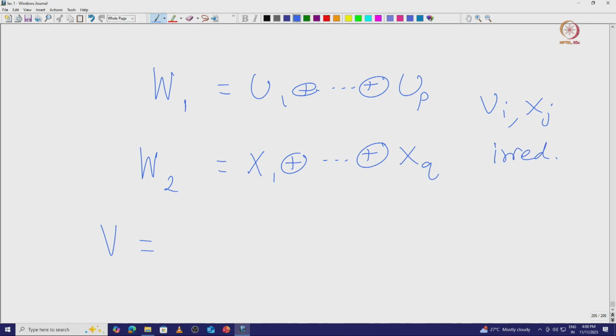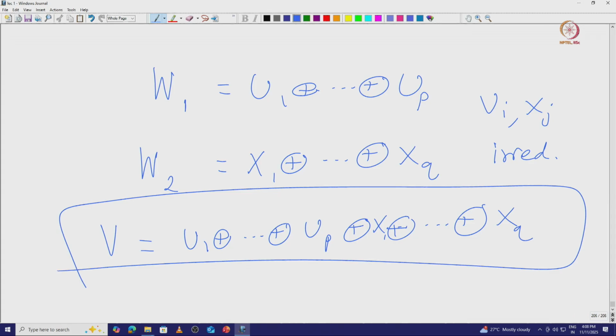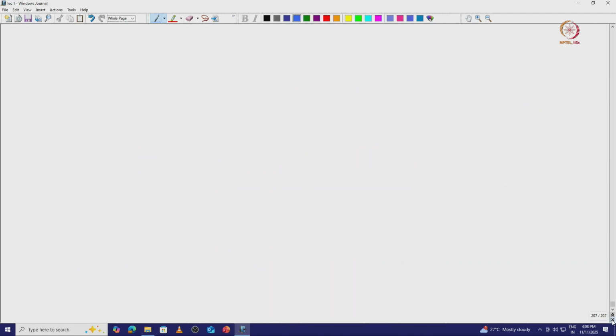Then V becomes exactly U1 direct sum etc., direct sum UP, direct sum X1 direct sum etc., direct sum XQ. So, from this we can conclude that V is indeed a direct sum of irreducible sub-representations. So, this completes the proof of complete reducibility.